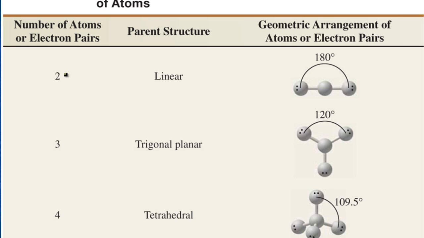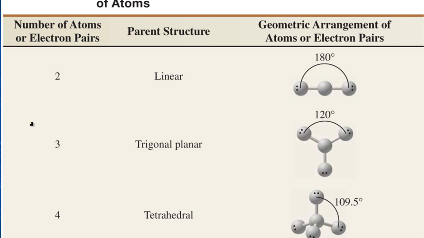Some of the molecules, when you count, you will find only 2 electron sets. Some of them you will find 3. Some of them you will find 4. If you have only 2 electron sets, the parent structure is called linear.